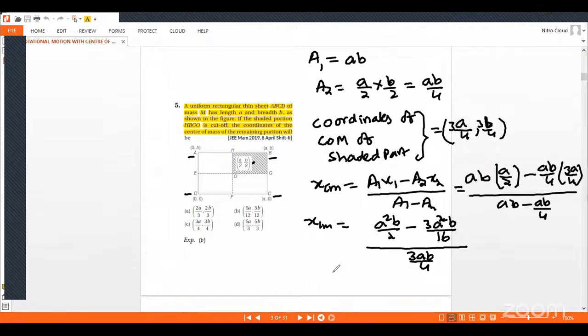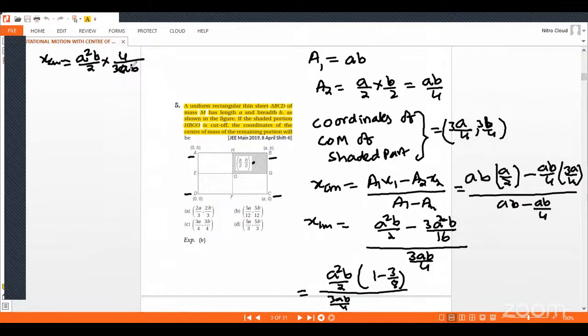So A square B by 2 take common 1 minus 3 by 8 divided by 3AB by 4. Okay. So xcm equal to A square B by 2 times 4 by 3AB times 5 by 8.